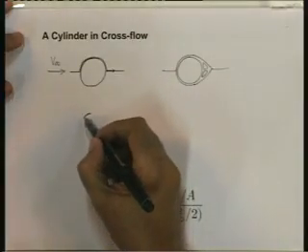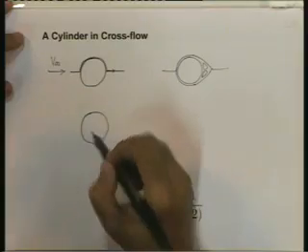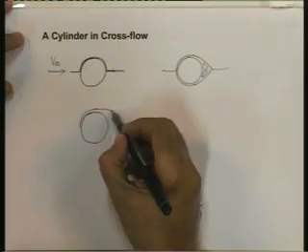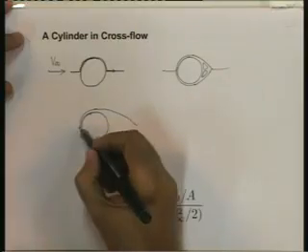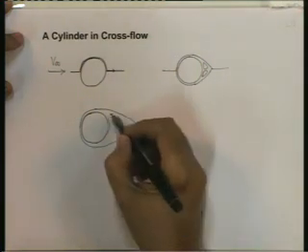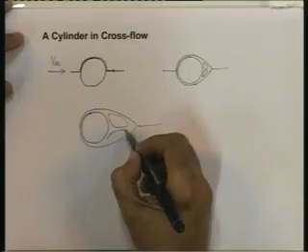At still higher Reynolds number, the boundary layer separates and may also become turbulent.